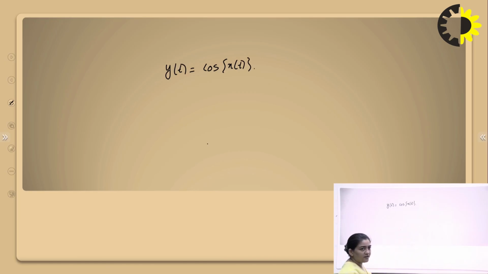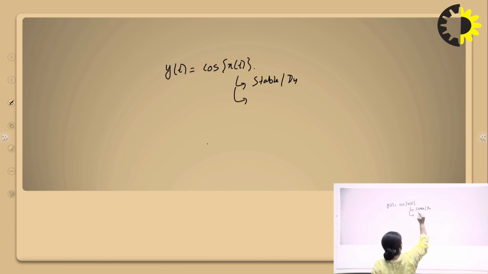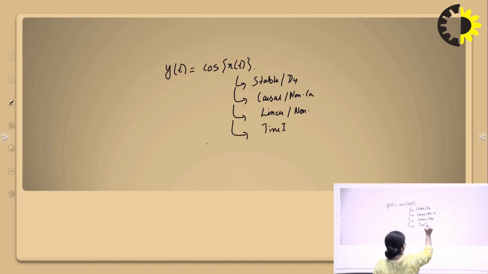Suppose I want to check if the system is time variant or invariant, linear or non-linear, and find out if the system is static or dynamic, causal or non-causal. So we have linear, non-linear, and time invariant or variant.